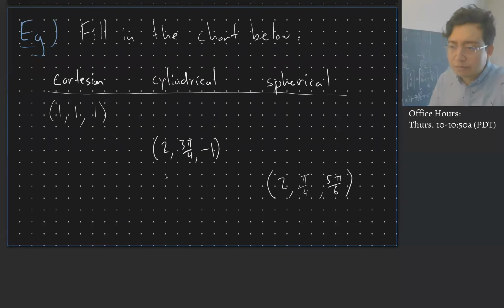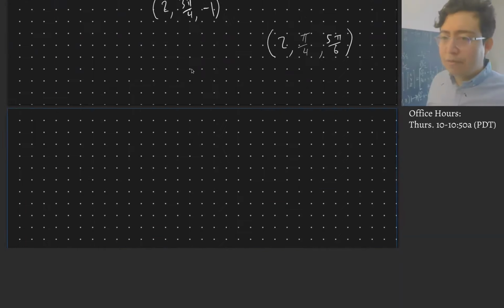So for example, here we want to convert the point (1, 1, 1) into cylindrical and into spherical coordinates. So let's move this here.